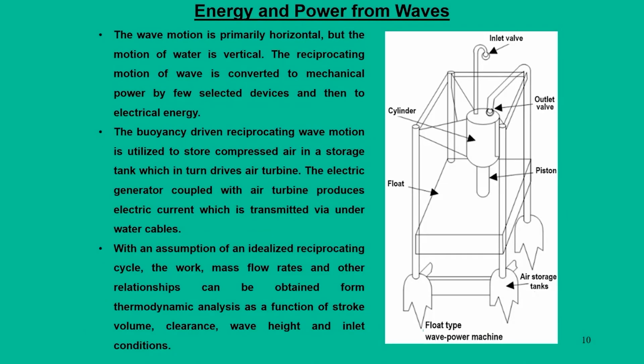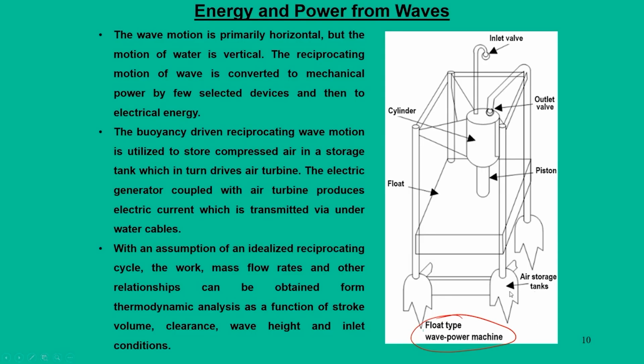Now, once you know the estimates of the kinetic and potential energy of the wave, let us see what is the technology to harness this energy. One simple device is called a float type wave power machine. It is a wave machine that harnesses wave power by storing air in a tank, which we call an air storage tank.